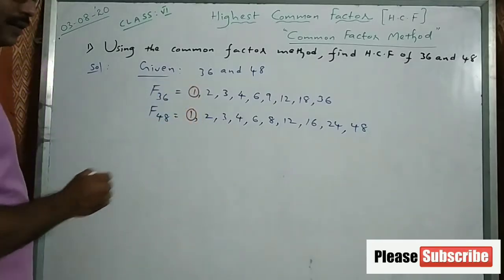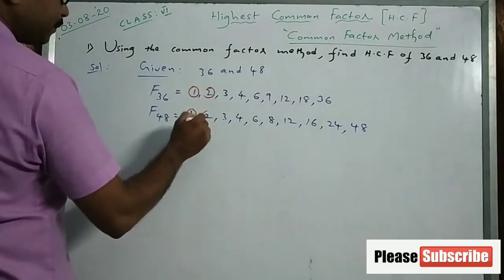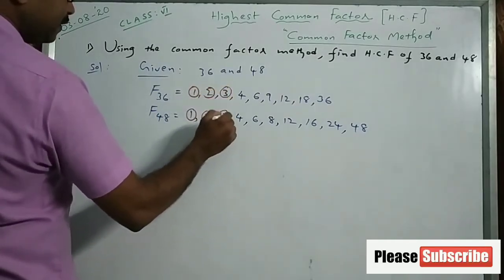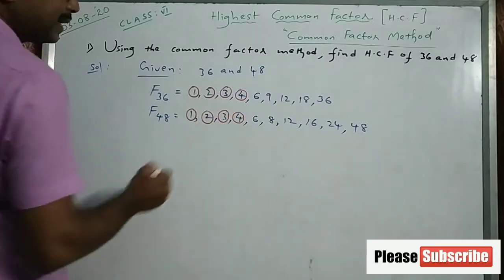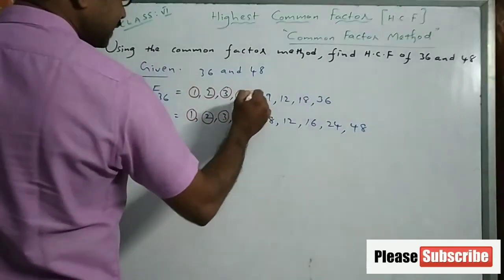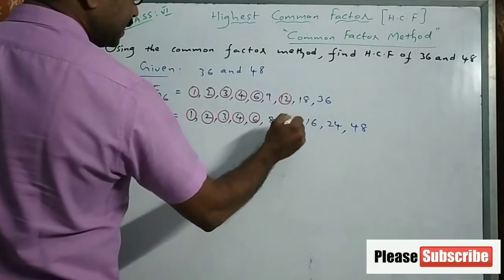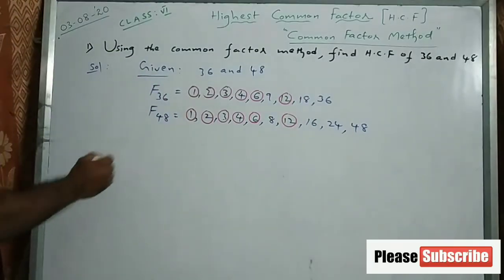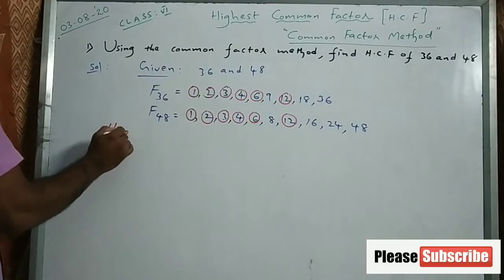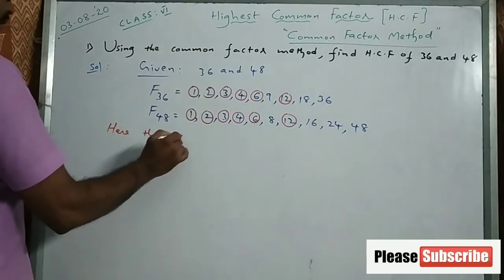1 1, 2 2, 3 3, 4 4, common factors I am rounding. Okay, 6 6 and 12 12, right? That's all.